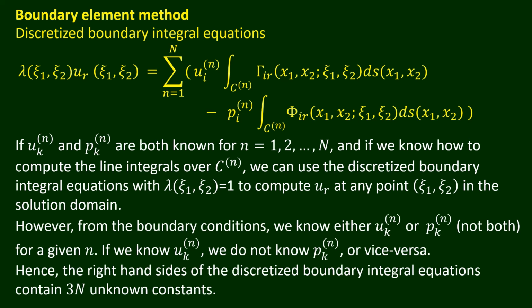However, from the boundary conditions, we know either u_k^n or p_k^n, not both, for a given n. If we know u_k^n, we do not know p_k^n, or vice versa. Hence, the right-hand sides of the discretized boundary integral equations contain 3N unknown constants. We can set up a system of 3N linear algebraic equations to determine these unknown constants.